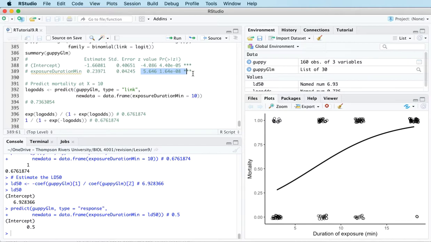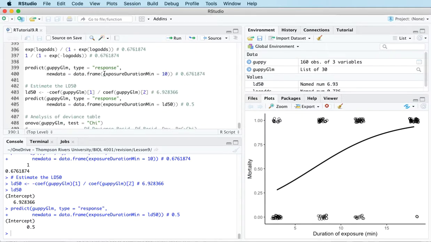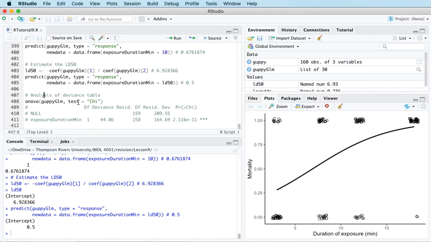There's some inaccuracy involved in these numbers, and so there's actually a better way of doing this test. So we're not going to do the Wald test for this. Instead, we're going to look at something called the analysis of deviance table.